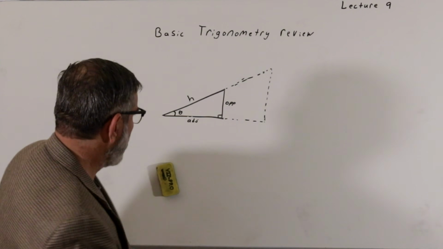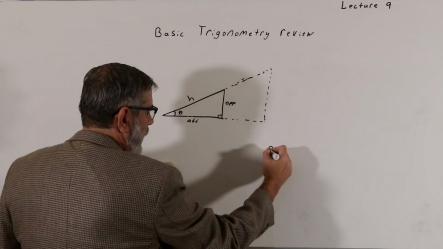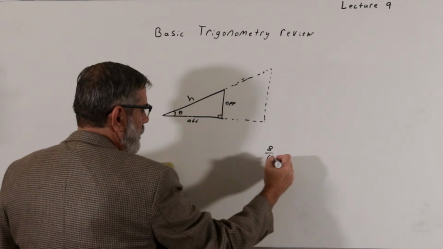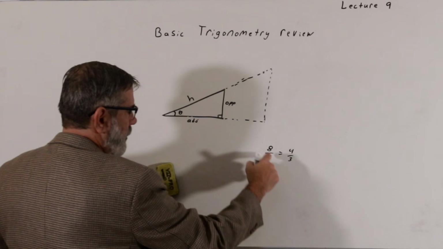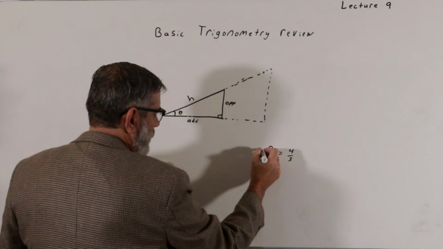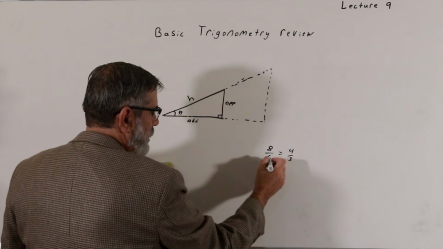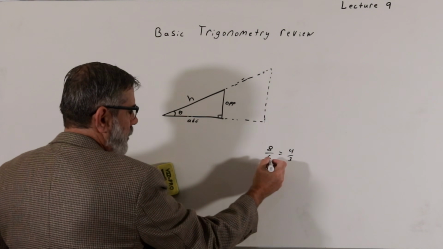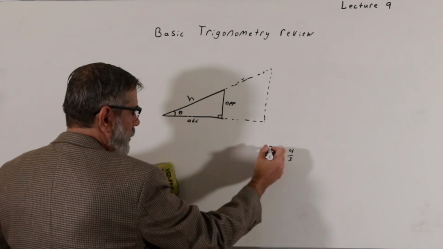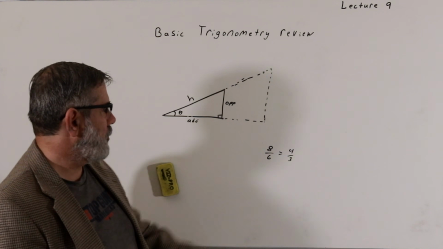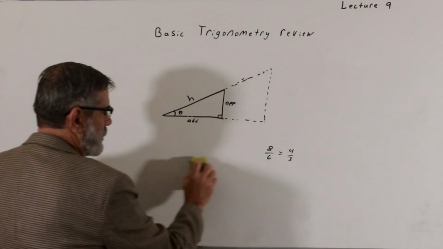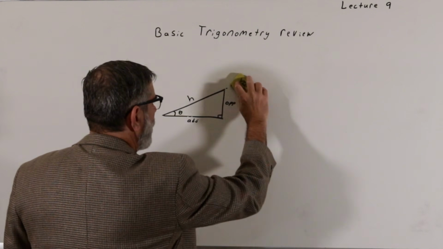And so we'd have a ratio of 8 over 6, which is the same as 4 over 3. This we can write as 4 times 2, and this we can write as 3 times 2. The two 2's cancel in the numerator and the denominator, and this is the same ratio. So this is the essence of these trigonometric relationships.